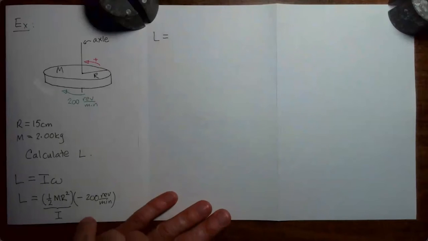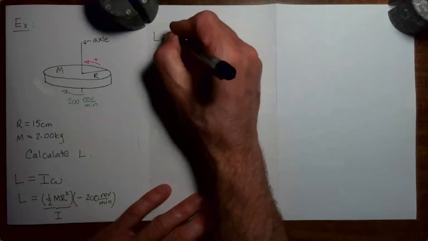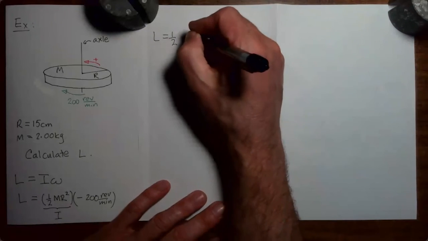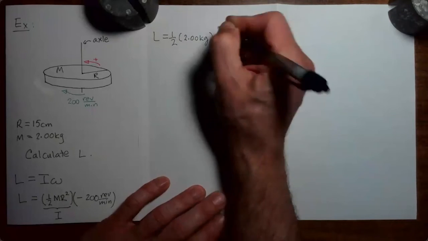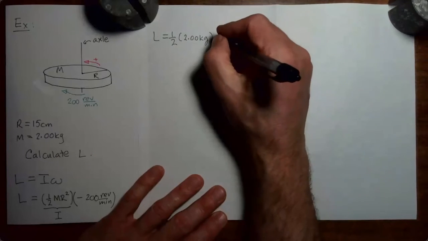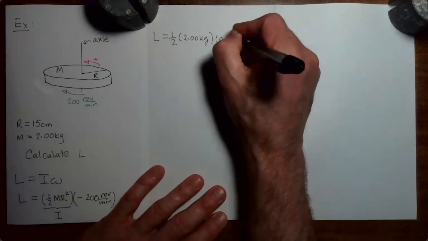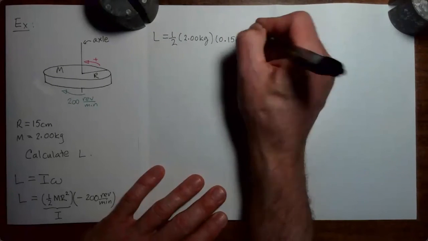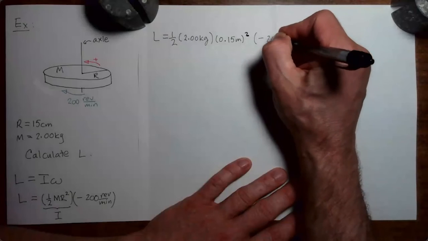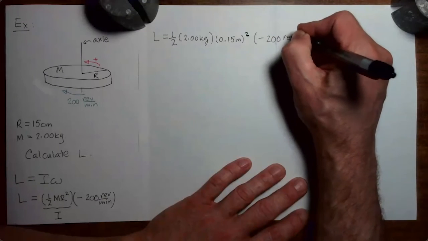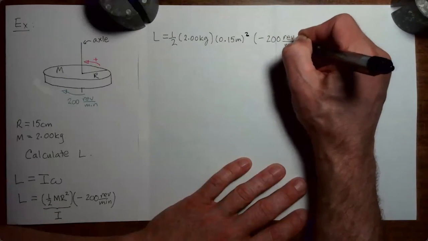Going to the next line now, let's make our substitutions. We have 1/2 mass 2 kilograms. It says radius 15 centimeters, but I'm going to convert into meters, so 0.15 meters squared. For the angular velocity, we have minus 200 revolutions per minute, but we would like to get this into radians per second.